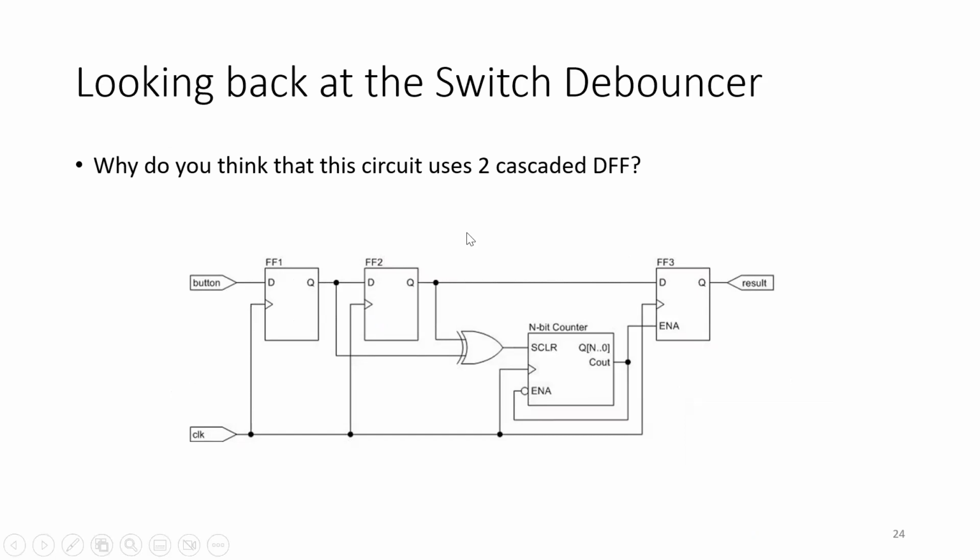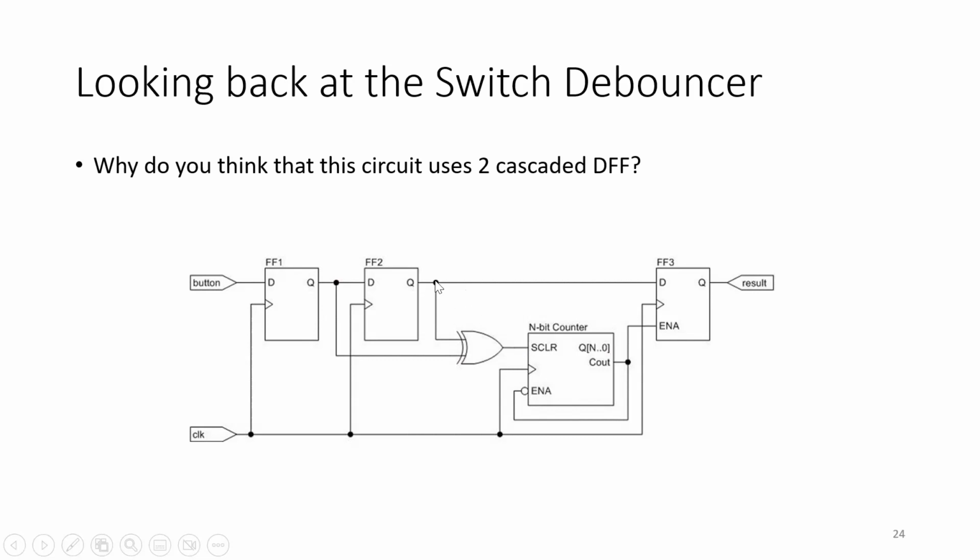The switch debouncer that we had in our previous lectures can still help in this regard. I am comparing the output of Q1 and Q2, and I am waiting for a certain time, using the XOR to keep the counter clear, 0.